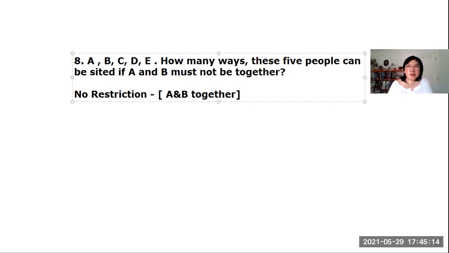That is the counterpart, the opposite of the question, so subtracting the possibility of A and B together is equivalent to A and B not together.